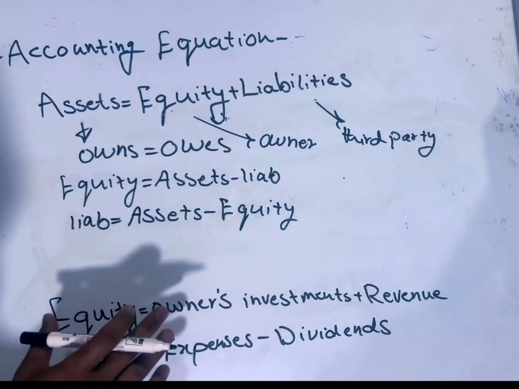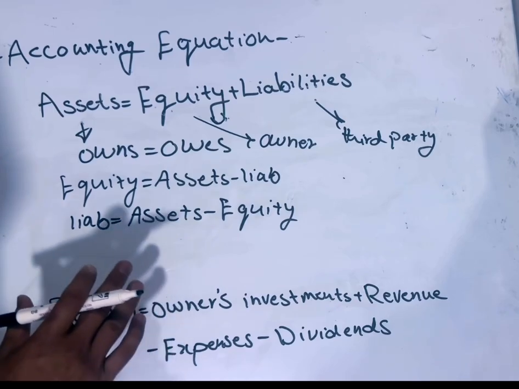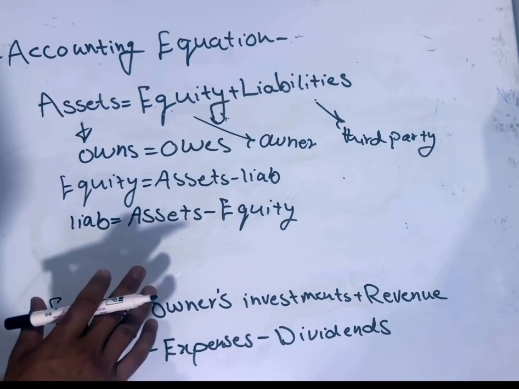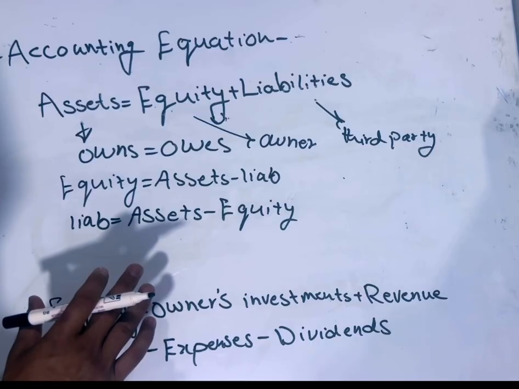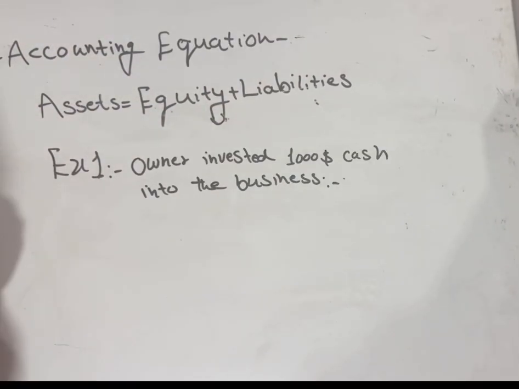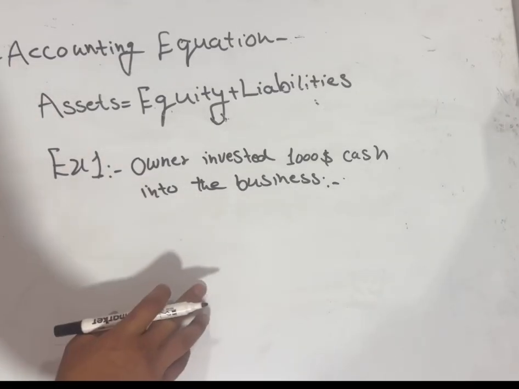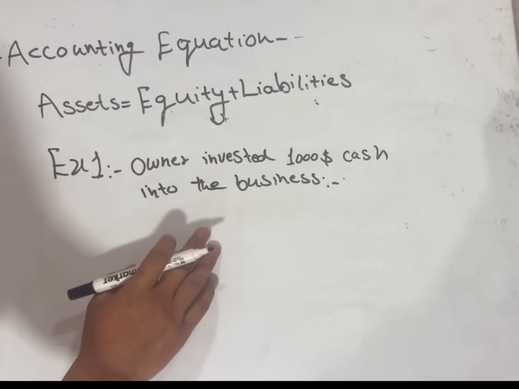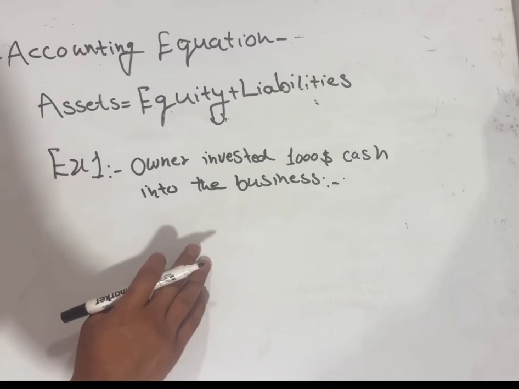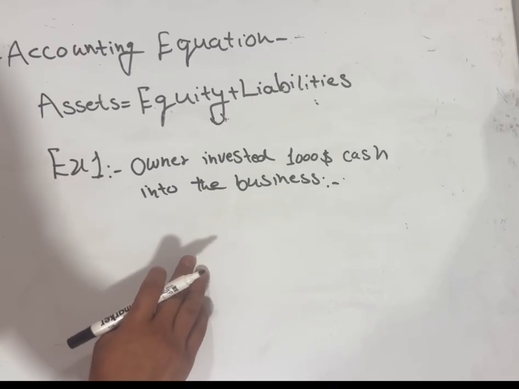So this is all about the accounting equation. We will jump into the examples to understand it more precisely and logically. For the first example, the owner invested $1,000 cash into the business. We all know that whenever an owner invests into the business, the equity section is increased.